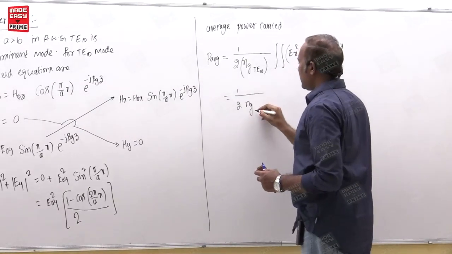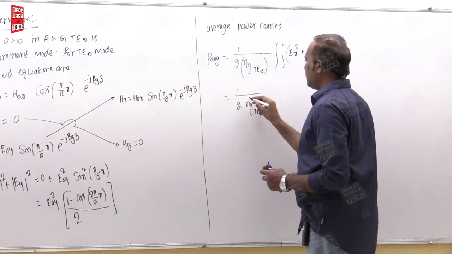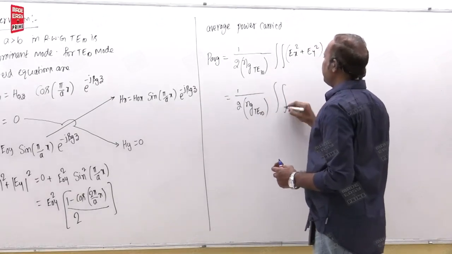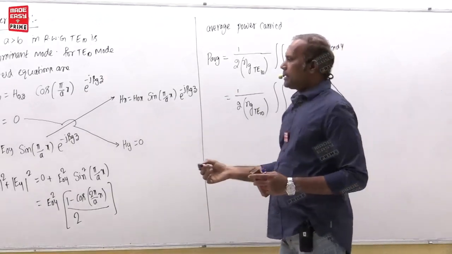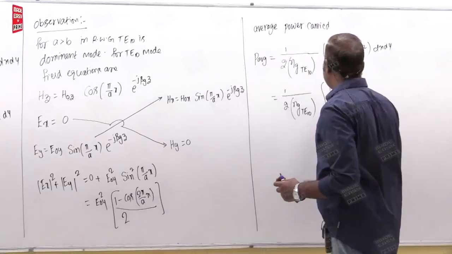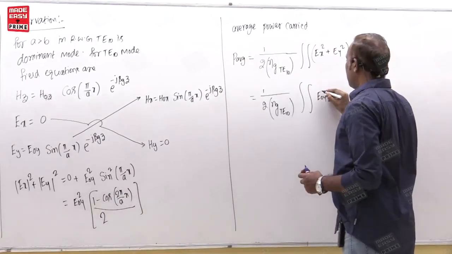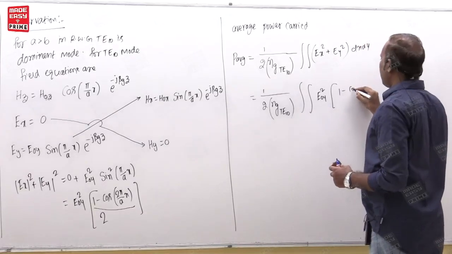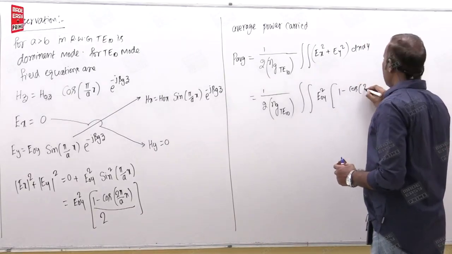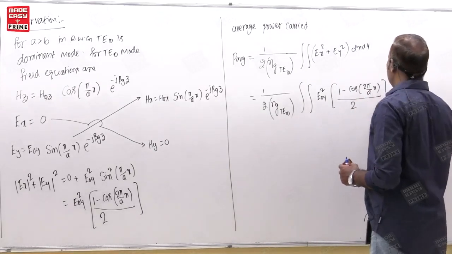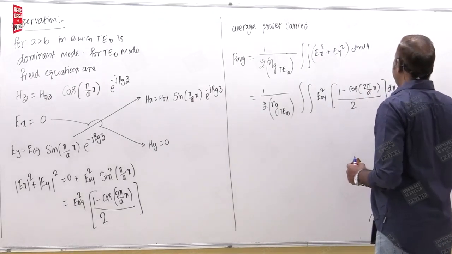You substitute eta_g TE10 in the double integral. Here Ex is 0, this I have already done. That is E0y squared, then (1 minus cos 2πx/a) divided by 2, dx dy.